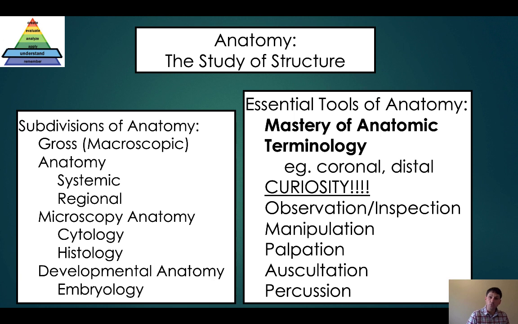So some of the tools of anatomy then is, first and foremost, mastering anatomical language, okay? And so you've got to memorize. Anatomy and physiology is known for memorization.